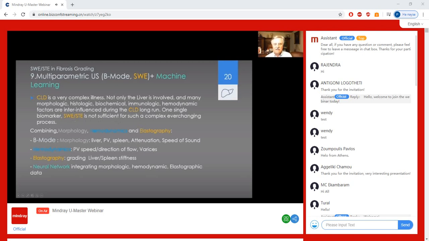But ultrasound offers to us more information on morphology, on hemodynamics, and on elastography. A neural network may integrate all those parameters in order to achieve more reliable measurements and better grading of fibrosis.